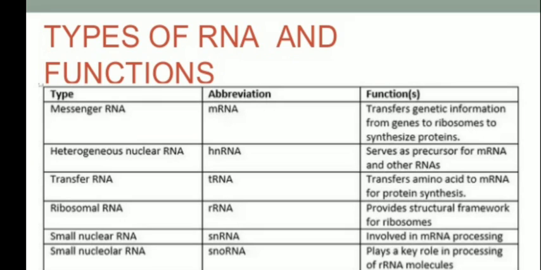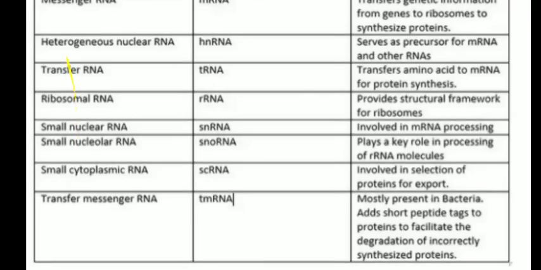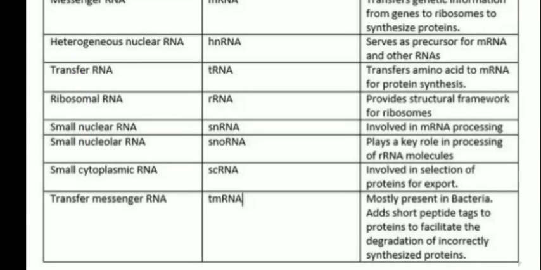Then the role of transfer RNA or tRNA is the transfer of amino acids to mRNA for the purpose of protein synthesis. Then there are some other subtypes of RNAs like snRNA, which is known as small nuclear RNA.